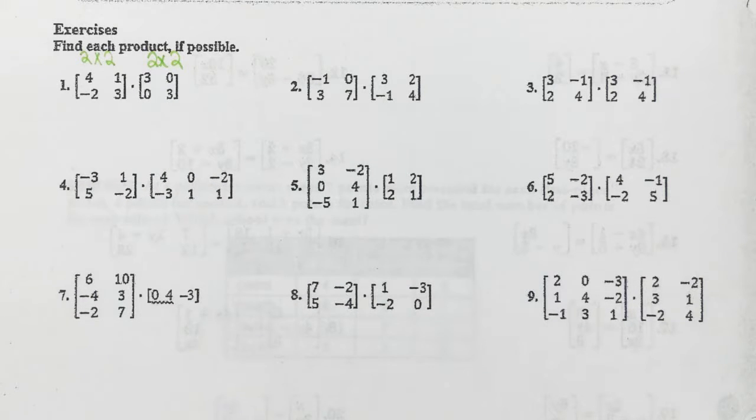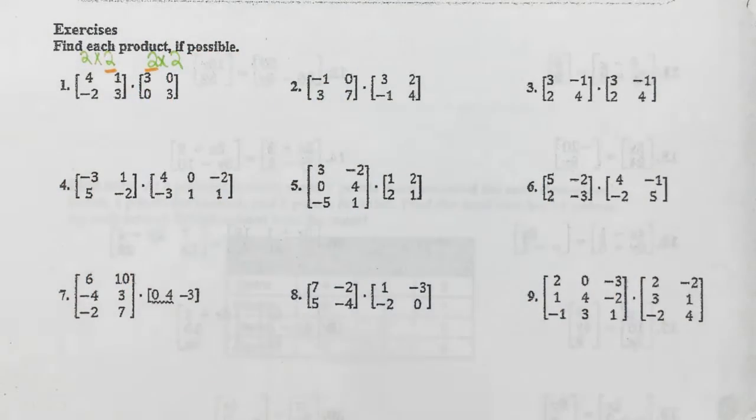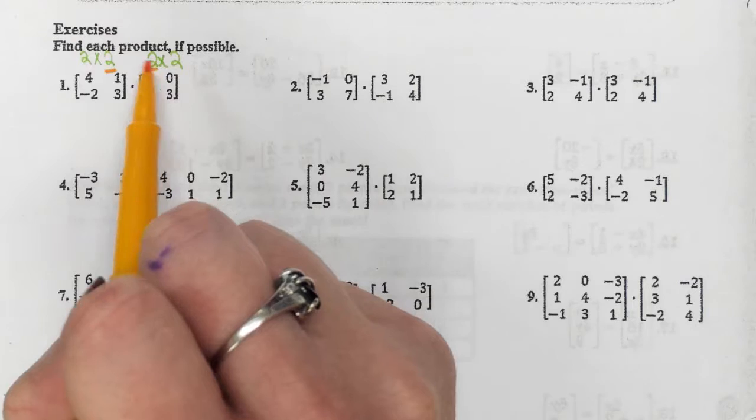All right? So when we do that, here's what has to happen. When you add or subtract them, they have to be exactly the same. When you multiply, the inside numbers have to be the same. Do we have the same inside numbers? Yes, our dimensions are the same inside numbers.